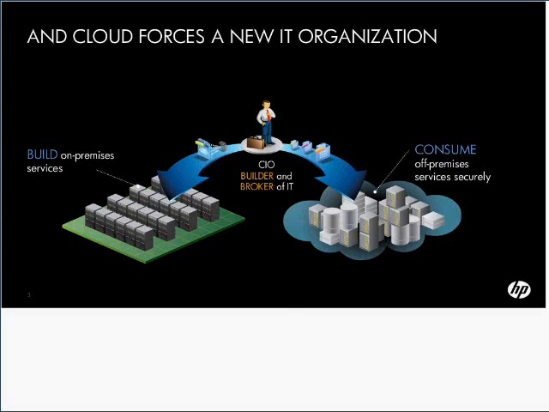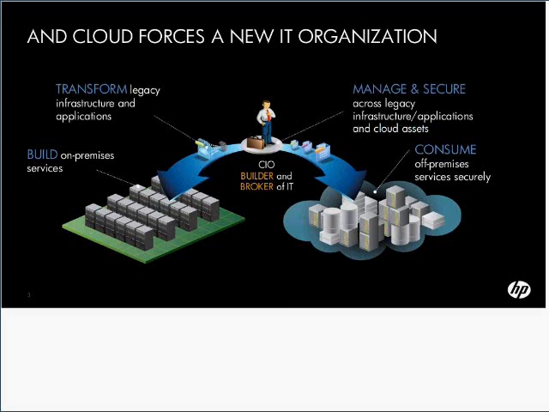And the business model for IT has to have the capability to build on-premise based services or in-sourced services, as well as the ability to consume external or off-premise services, while at the same time managing and securing those services, as well as the traditional legacy infrastructure and applications portfolio.